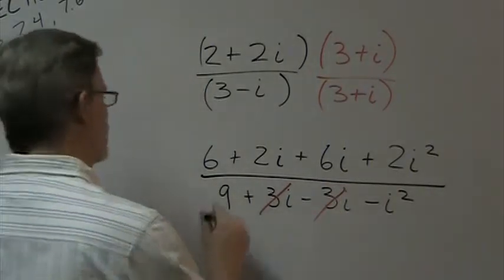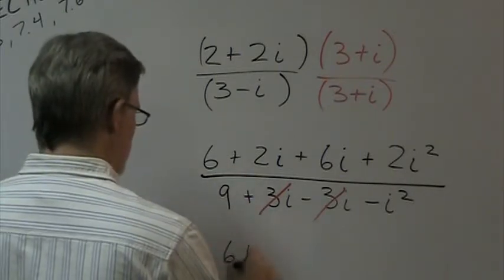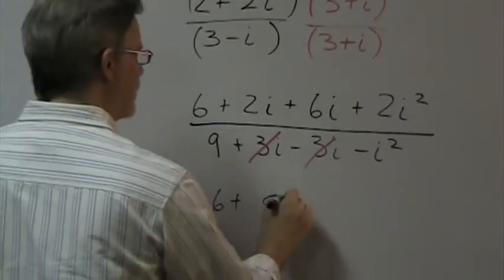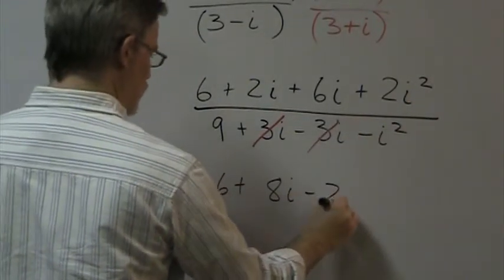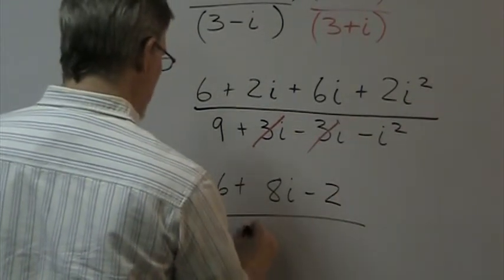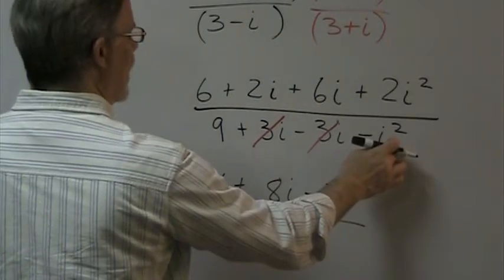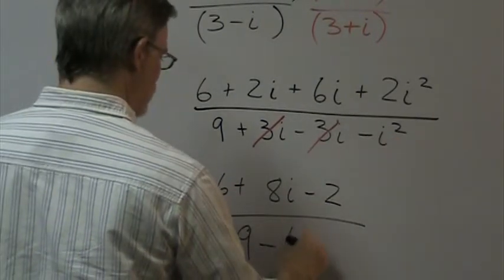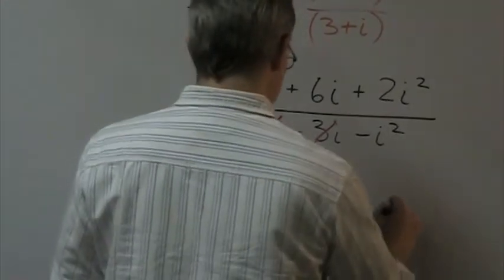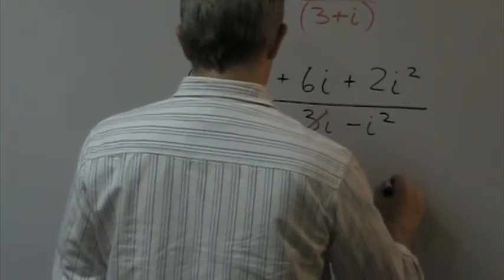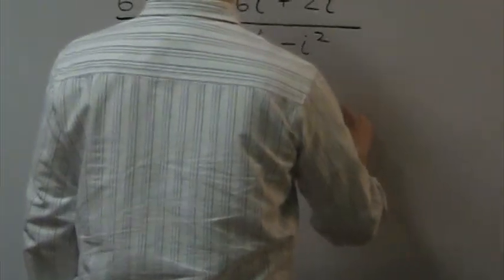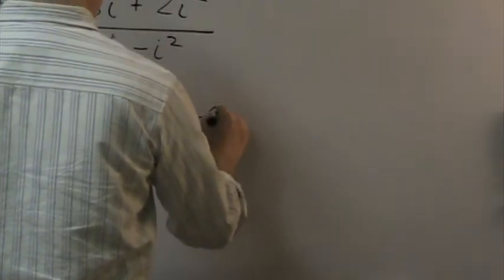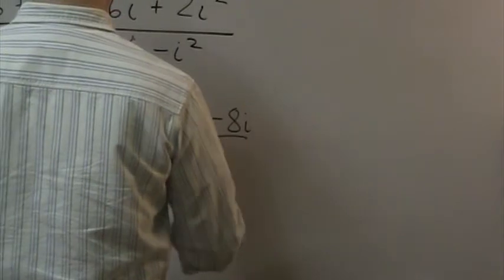At the top we have 6 plus 8i, but then i squared is negative 1, so minus 2. And on the bottom we have 9 minus, but i squared is negative 1, so plus 1, which is 10. So on top, 6 minus 2 is 4, 4 plus 8i, over 10.